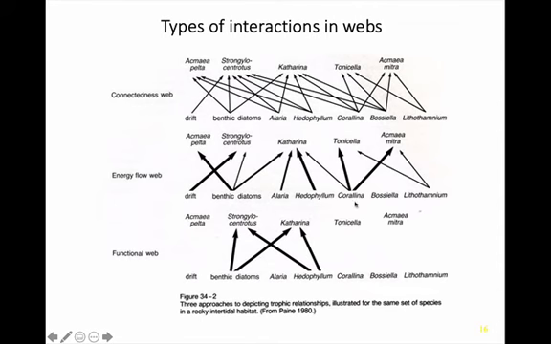Tonicella gets most of its energy from this species, Corallina. Gets a little bit of its energy from Lithothamnion, and almost no energy from anywhere else. Notice that Strongylocentrotus here has 1, 2, 3, 4, 5, 6 links when we just look at connectedness, but only 2 of them are even remotely important. It gets most of its energy from drift and a little of it from benthic diatoms. Okay.